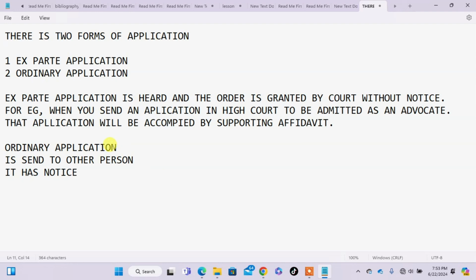You must know that an ordinary application is also called an application on notice.